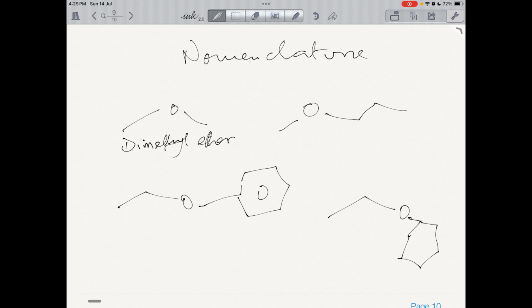What about this? You have methyl on this side, and propyl on this side. So you say methyl propyl ether. This is a phenyl group. When you have a benzene ring here, you call it a phenyl group, and an ethyl group.